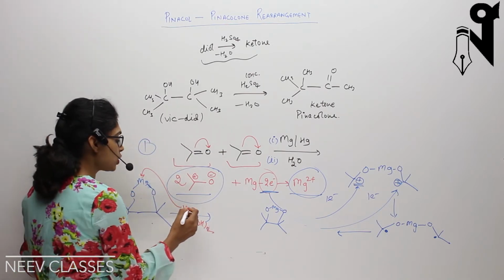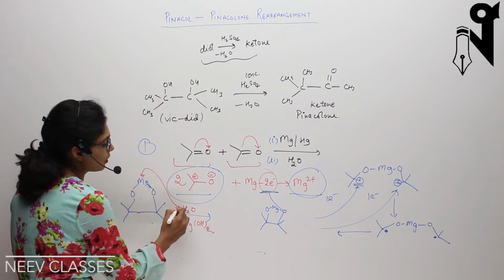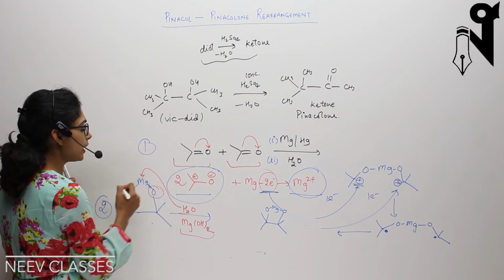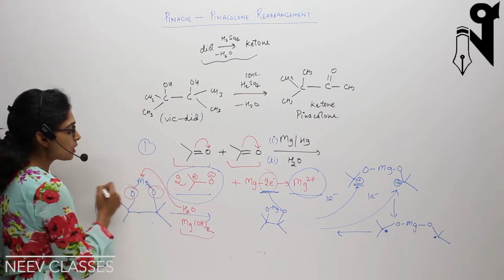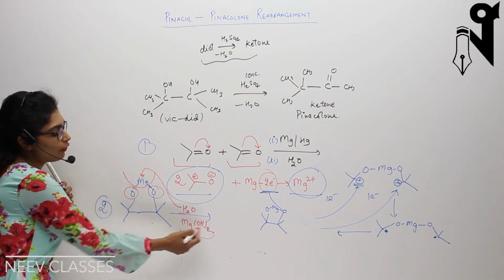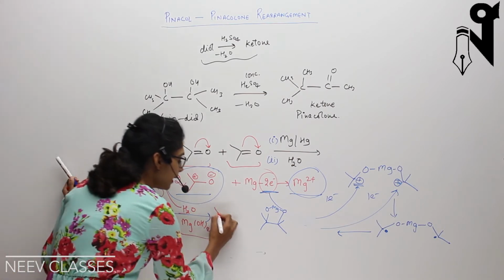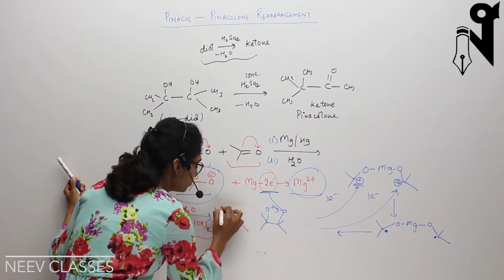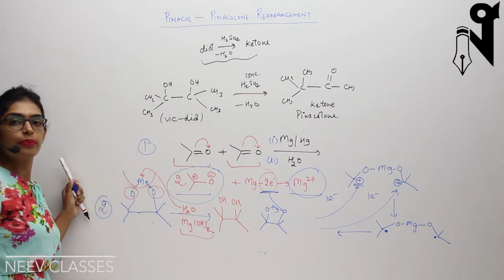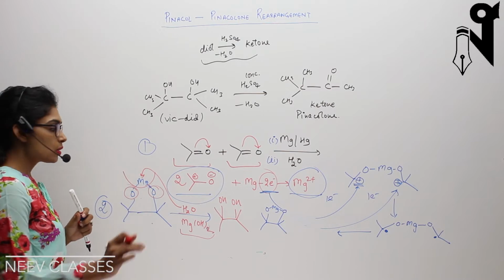That H+ will come out from water. One H+ will go and attach to one oxygen. Another H+ will go to the other oxygen. This Mg will come out and form Mg(OH)2, hence resulting in OH and OH. Is this clear? So what has happened?